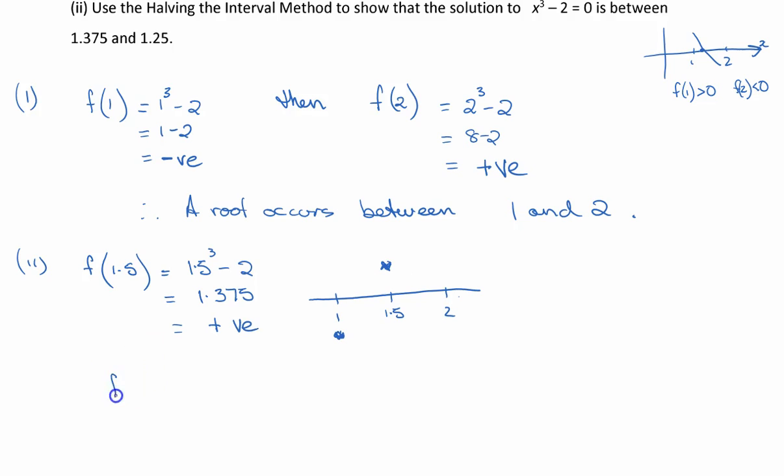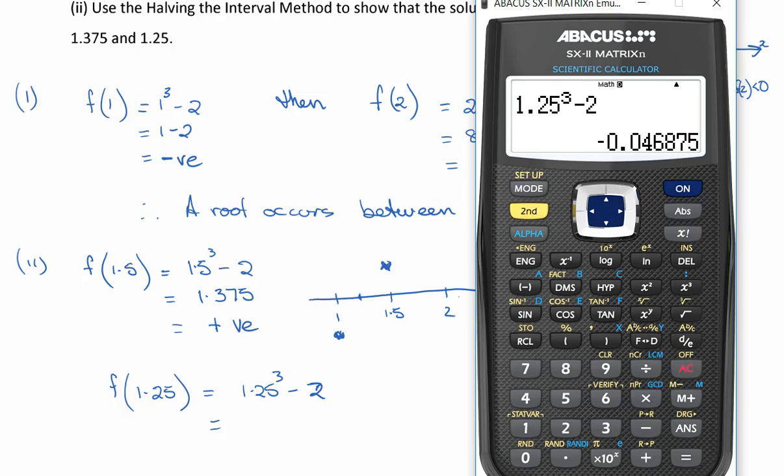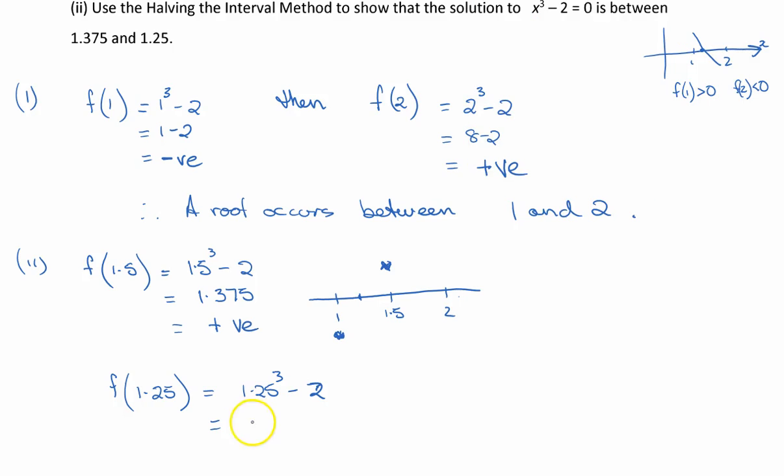So our next trial is at halfway between 1 and 1.5, which is now we'll try 1.25. So we put 1.25 into our calculation, and you can see there on the calculator we're now getting a negative answer. At 1.25 the value was negative, so we've now come at 1.25, we're down here.